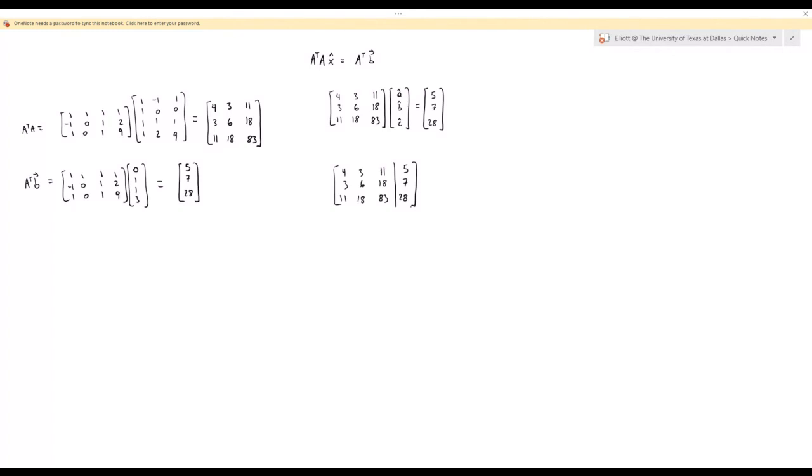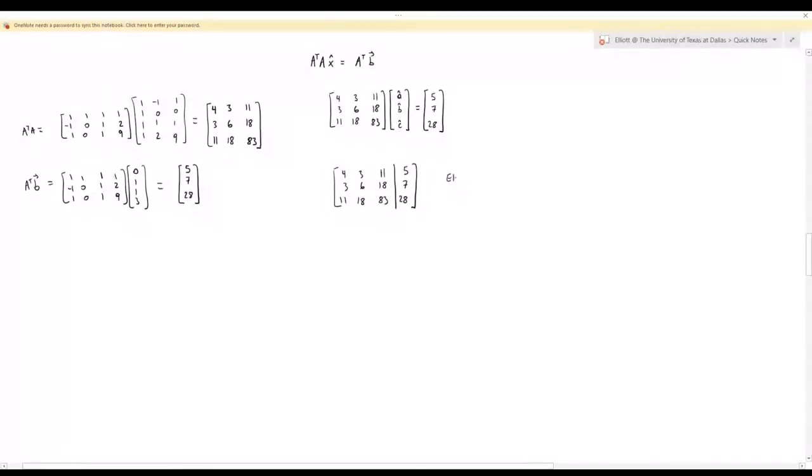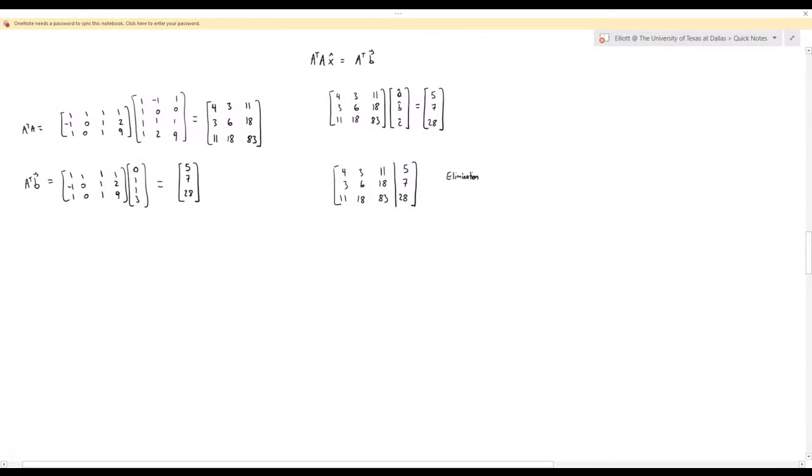For the sake of time, I'm not going to work through that, but I'll at least say that at this point you would do elimination, at least to upper triangular form so that you could then back substitute.